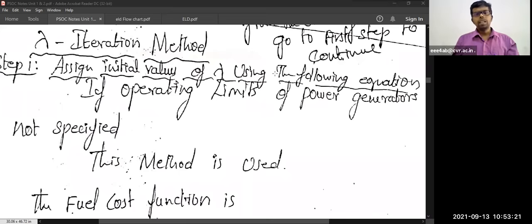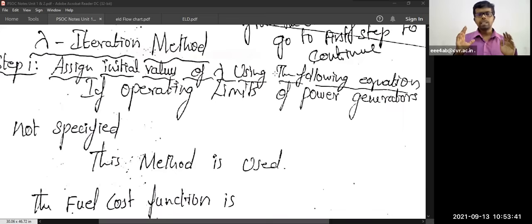So everything we need to find out. The steps are very lengthy, right? If you take those problems, the steps and the methods are very lengthy to solve and also very time consuming.